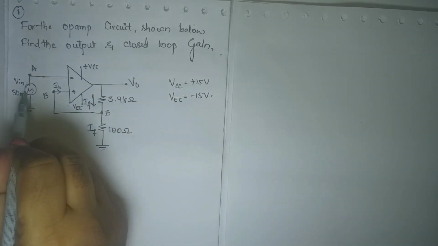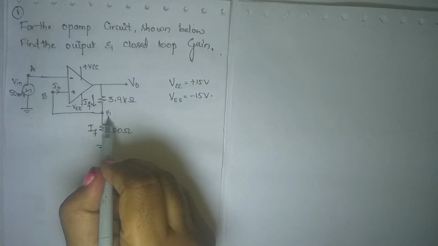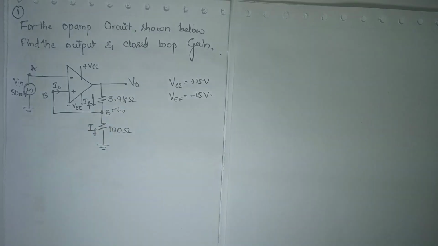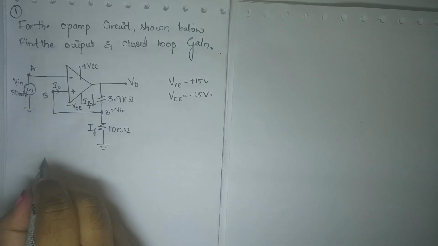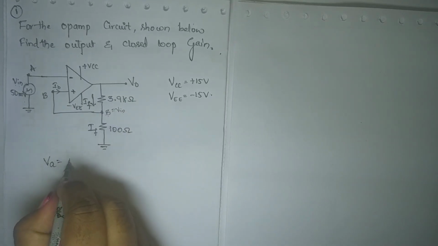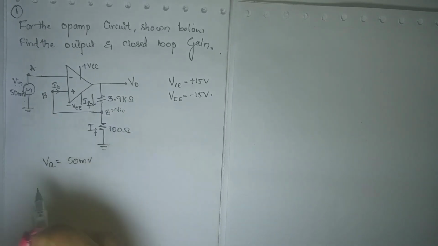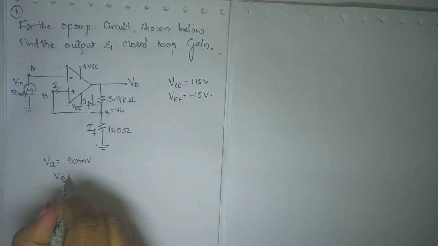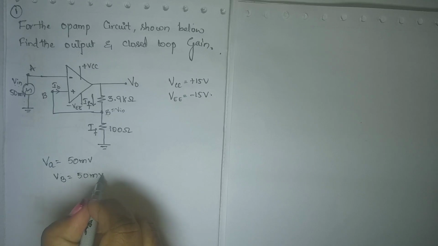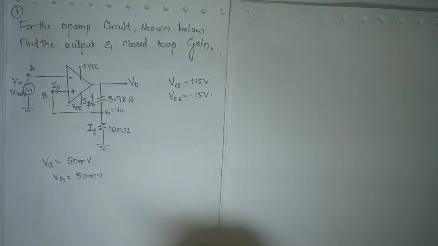It is 50 millivolts, which is equal to V in. Even B is at the voltage V in. So I can write VA is equal to 50 millivolts and VB is also equal to 50 millivolts.